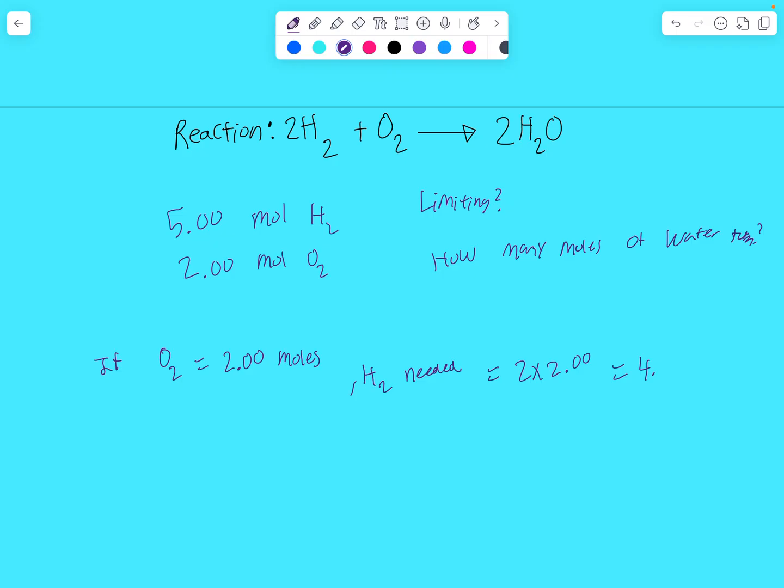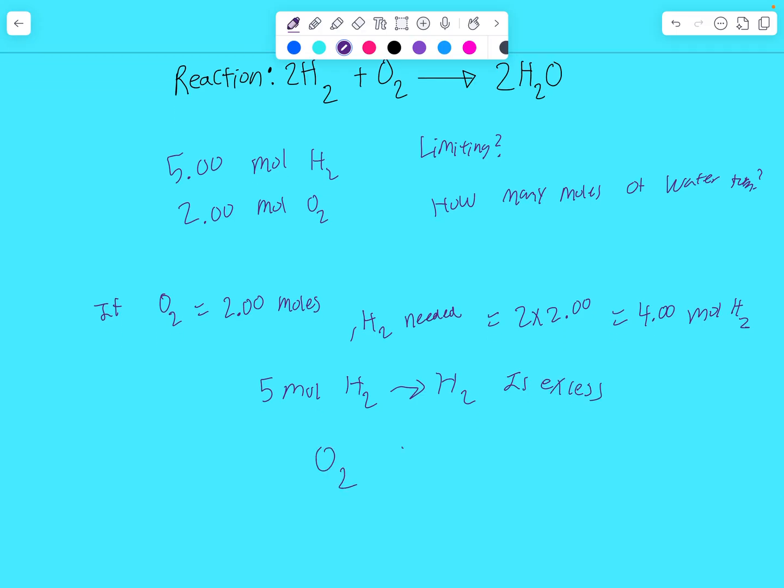Which would get me 4 moles of hydrogen. We have 5 moles of hydrogen, H2. So guess what? H2 is in excess. So O2 would be limiting. Okay?